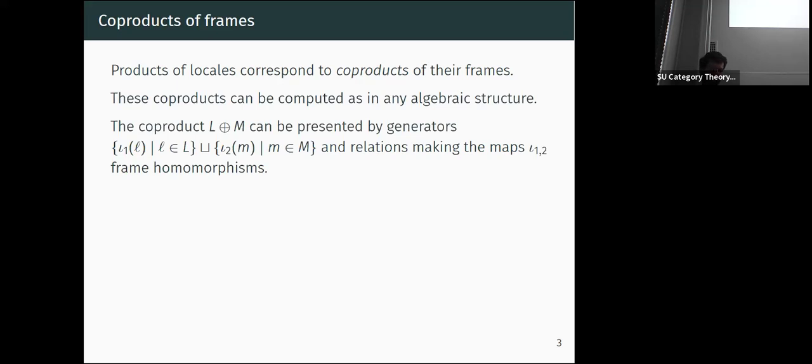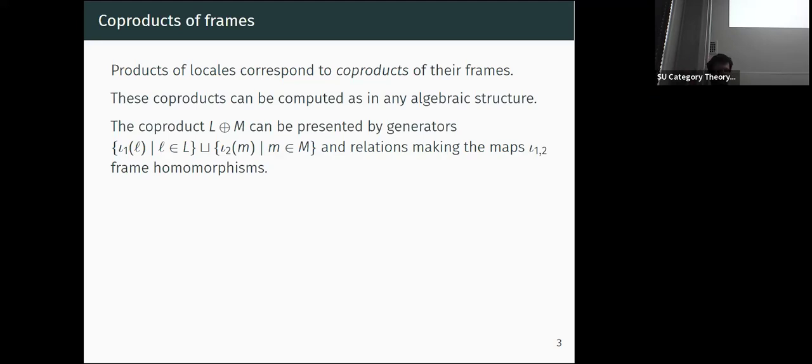So whenever you have any algebraic structure, you can come up with a presentation for the co-product. You can just say, we're going to have one generator for everything in the first thing that we're taking the co-product of, and then another generator for everything in the second, and we generate the free thing, but we quotient it so that the generators in the first part form an algebra, and the generators in the second part form an algebra.